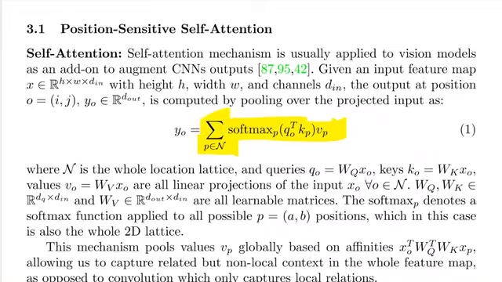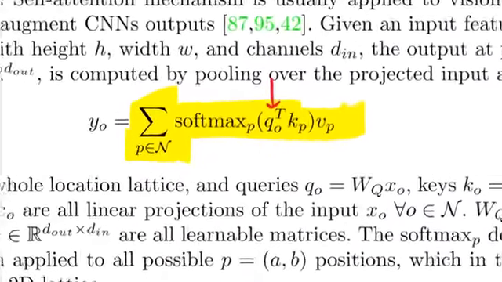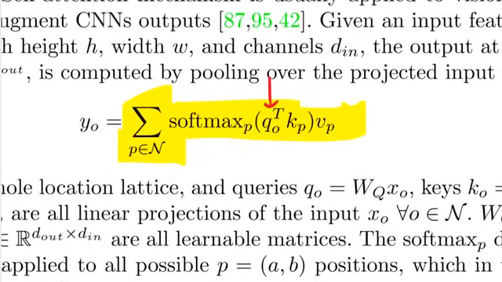So there is always a query. And the subscripts here are going to be important in this paper, okay? The query is at a given position o, and you can see that's the o right here. I'm going to call it the output position.